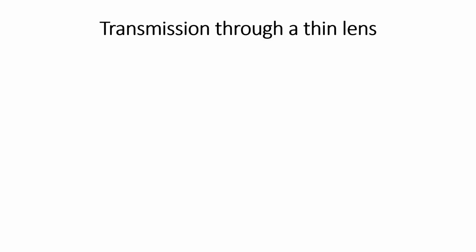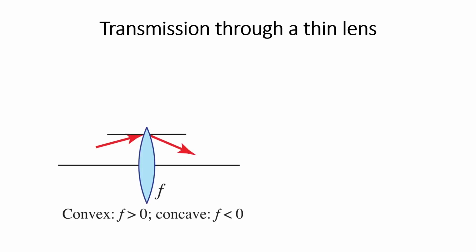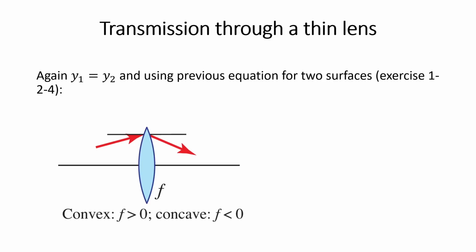The next example is ray transmission through a thin lens. Since the lens is thin, the position y basically doesn't change. So I can write y1 equals y2. But here we have two surfaces, one convex on the left side and one concave on the right.